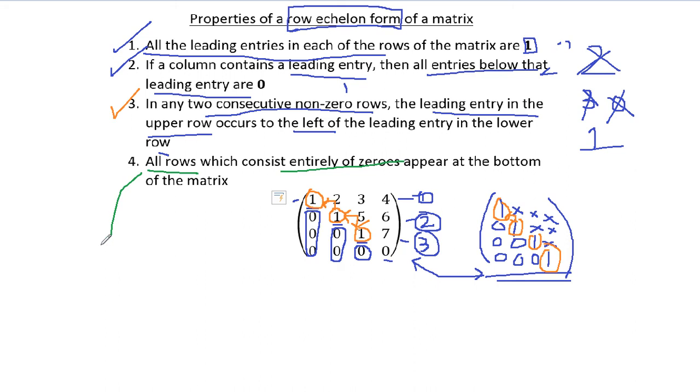This means that if there are rows that are entirely zero, the keyword is entirely.